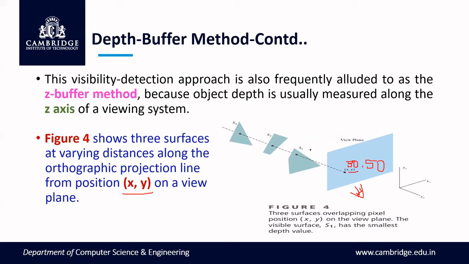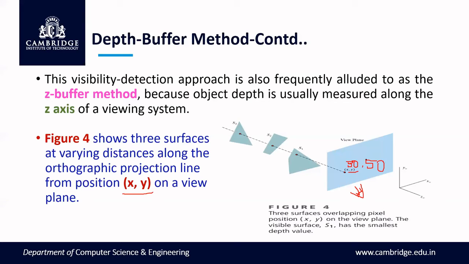If this is 30, 50, on this object also the point is 30, 50 only. This is also 30, 50. Right? All these three objects are lying on the position 30, 50 with respect to X and Y value.